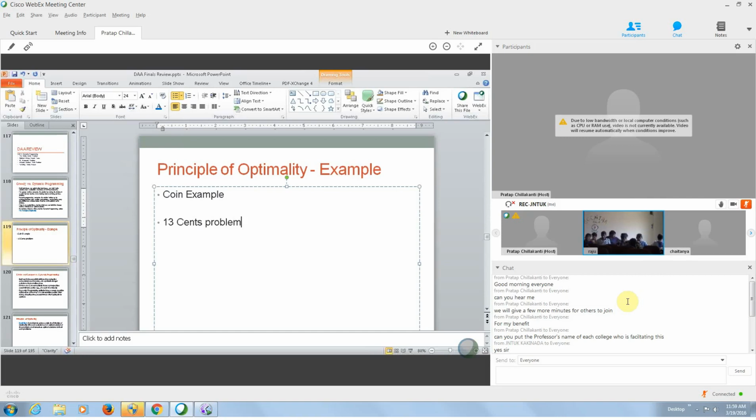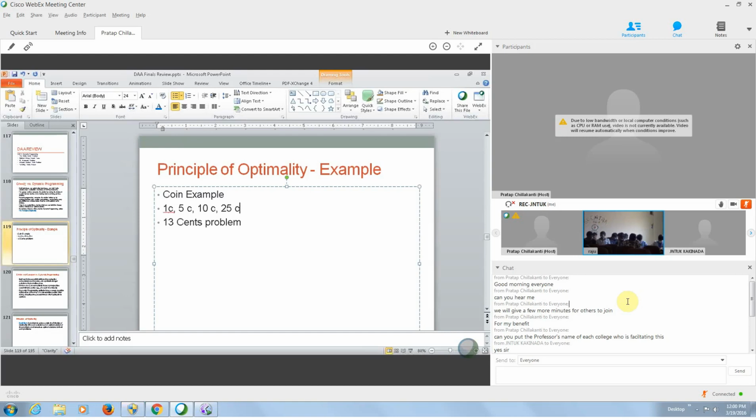Okay. And then when I talked about the 13 cents problem, what is the problem there? Coin example. You're combining different coins for a particular denomination, right? So in the case I want to put together, you have 1 cent coin. I can even tell you, like, you have 1 cent, 5 cents, 10 cents, 25 cents.